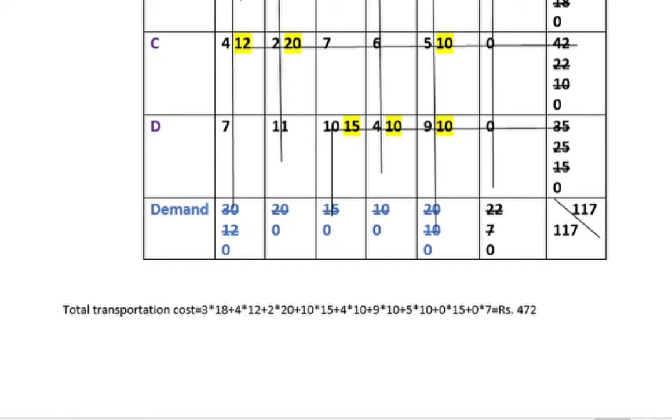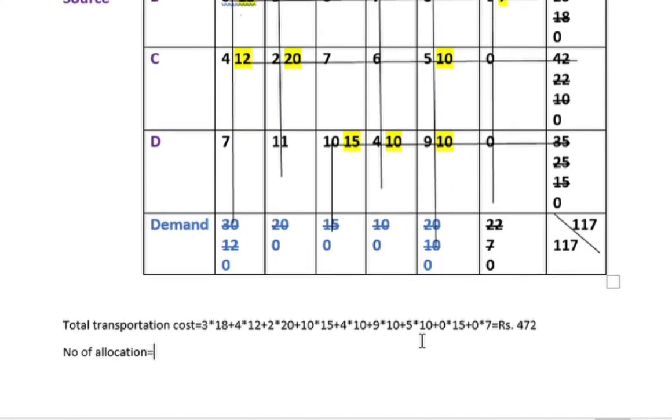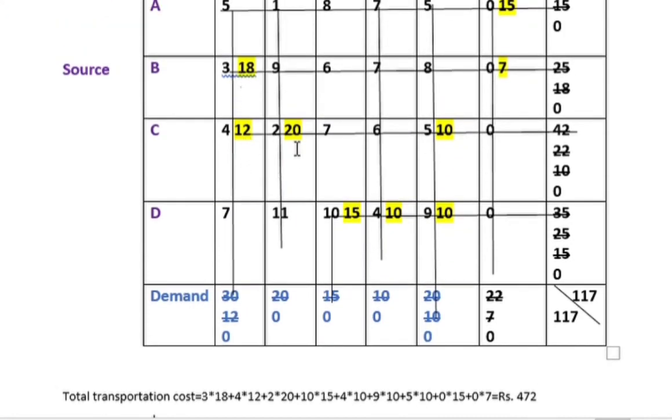Now we need to check whether the problem contains degeneracy or not. So the number of allocations is 1, 2, 3, 4, 5, 6, 7, 8, 9.